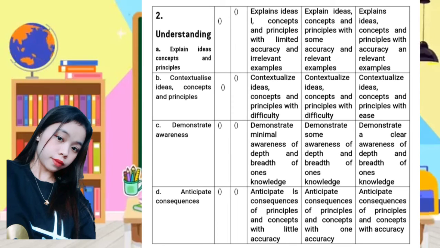So demonstrates minimal awareness of the depth and breadth of one's knowledge. Demonstrates some awareness of the depth and breadth of one's knowledge, and demonstrates a clear awareness of the depth and breadth of one's knowledge. The last is anticipates consequences.